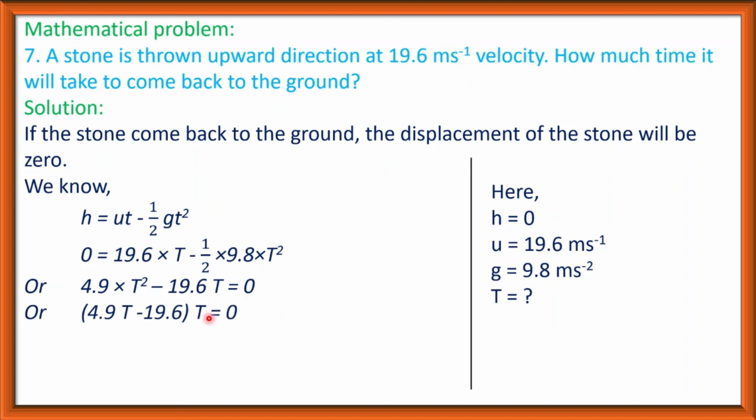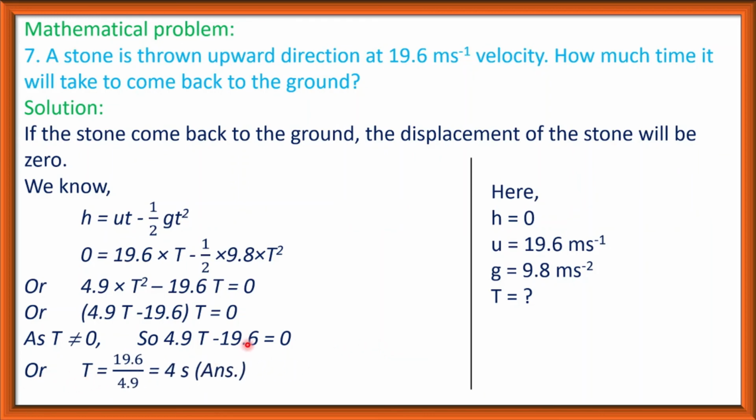Here t is common: t into 4.9 t minus 19.6 is equal to 0. As t is not equal to 0, 4.9 t minus 19.6 is equal to 0, or t is equal to 19.6 divided by 4.9. This is 4 seconds. So after 4 seconds, the stone will return back to the ground.